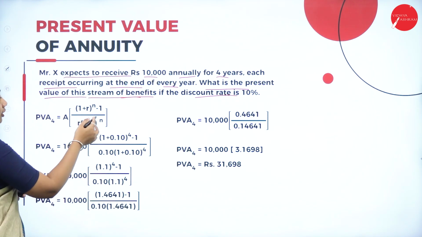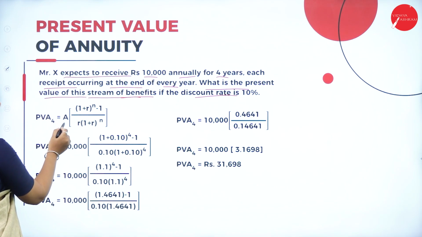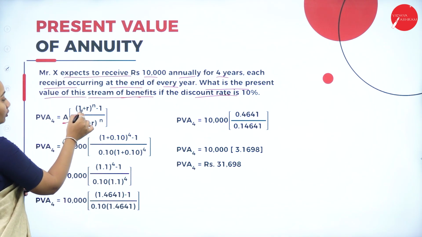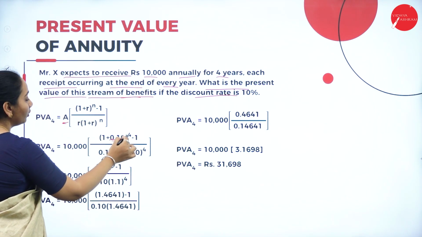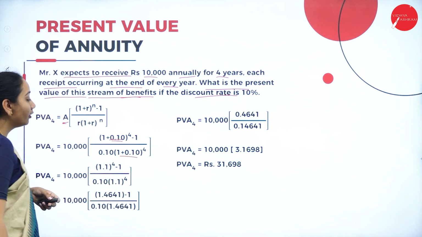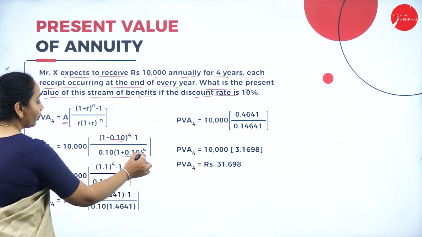So we'll substitute the values here. So present value is equal to A, the annuity amount. So 10,000 into 1 plus 0.10 whole to the power of 4 minus 1, divided by 0.10 into 1 plus 0.10 whole to the power of 4.